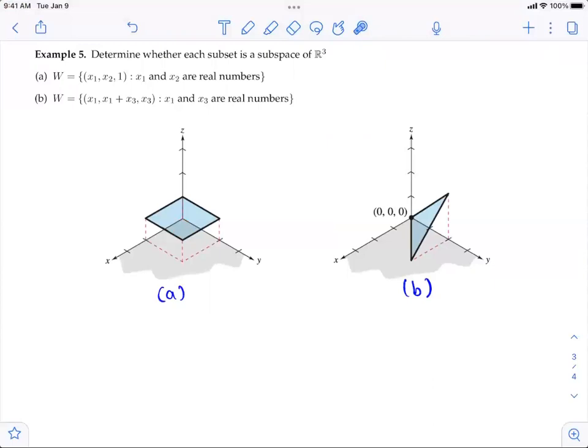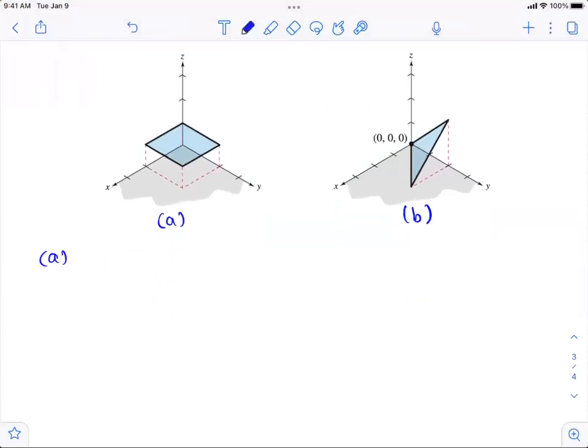Another way to look at this problem is that this set consists of all the vectors of the form (x1, x2, 1), where x1 and x2 are real numbers. Then you can let x1 equal 0 and x2 equal 0, and you can see that the zero vector is not in the set.